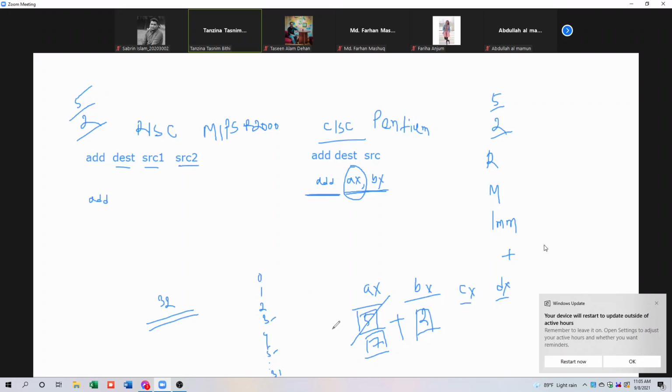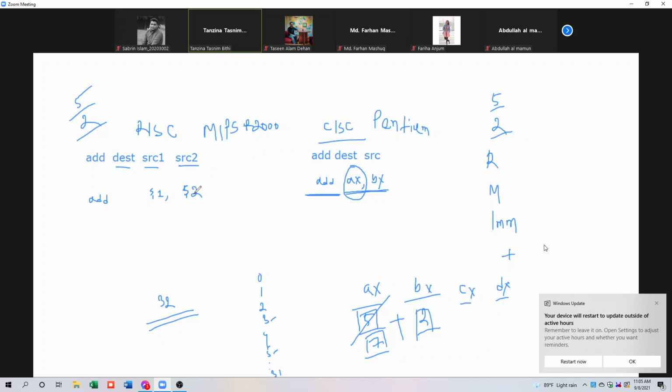So how is the processor going to know the location of the source operand and the destination operand? We have to mention the address of those registers, isn't it? Suppose the source operand is 1, another source operand is 2. So how are we writing the address?